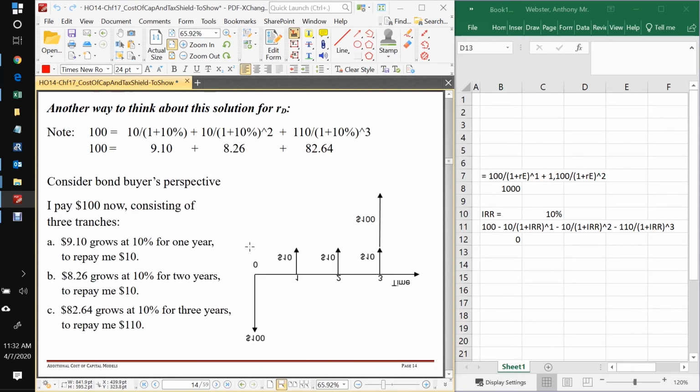Another way to think about this is that the 100 that someone pays for a bond now is equal to 3 tranches of cash.